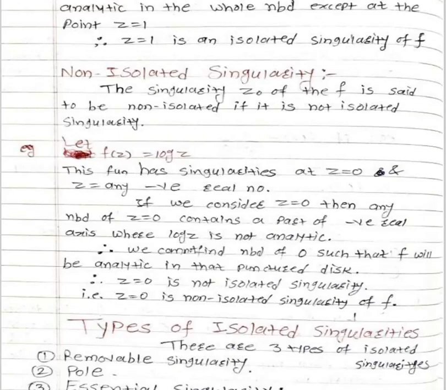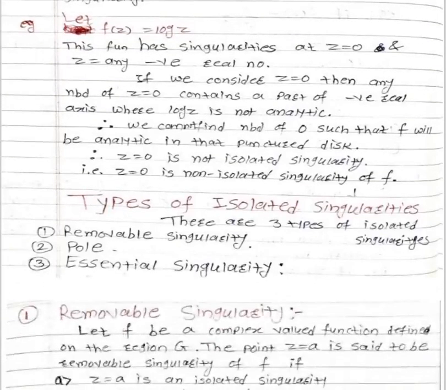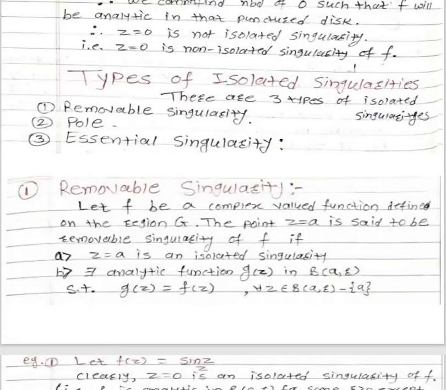Okay. So what are the types of isolated singularity? There are three types of isolated singularity. What is the first type? That is a removable singularity. Second is pole singularity, and third is essential singularity. So what is the first? That is removable singularity.